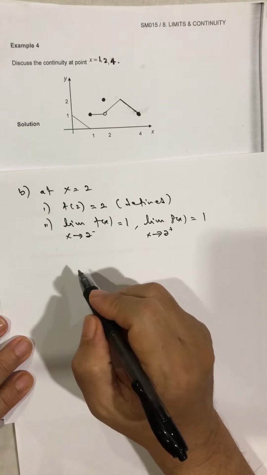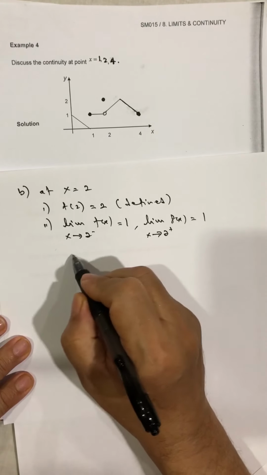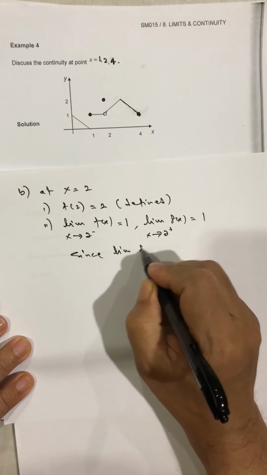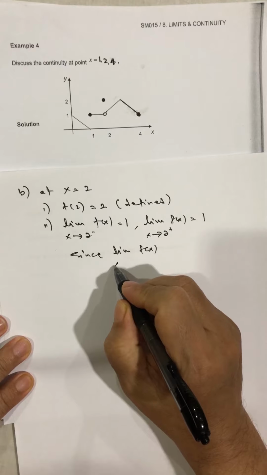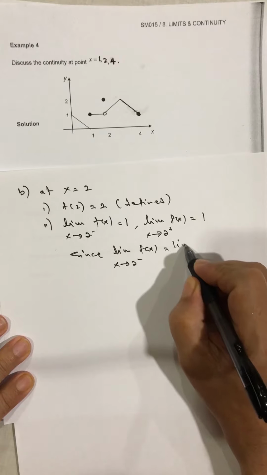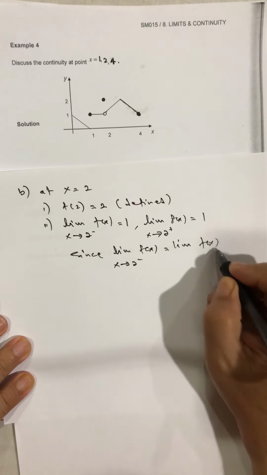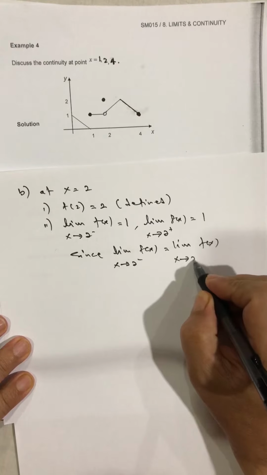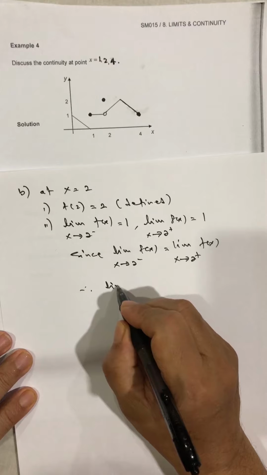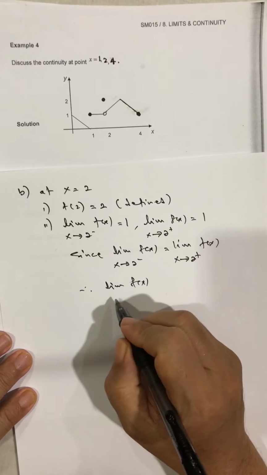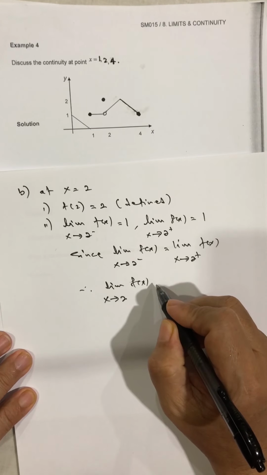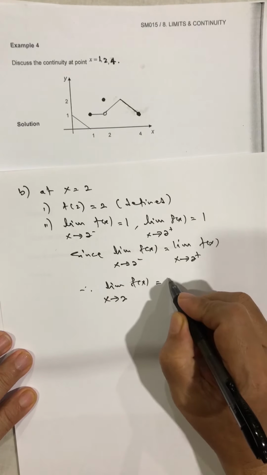So, since the limit of f(x) as x approaches 2 from the left is equal to the limit of f(x) as x approaches 2 from the right, we can say that the limit of f(x) as x approaches 2 is equal to 1.